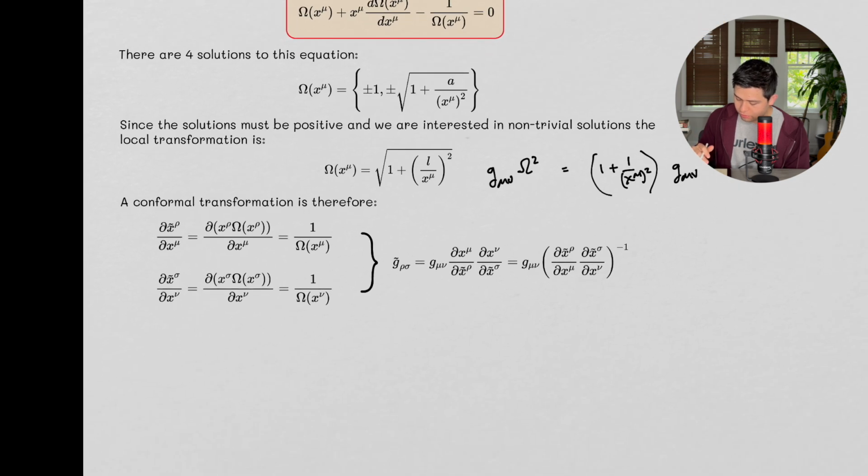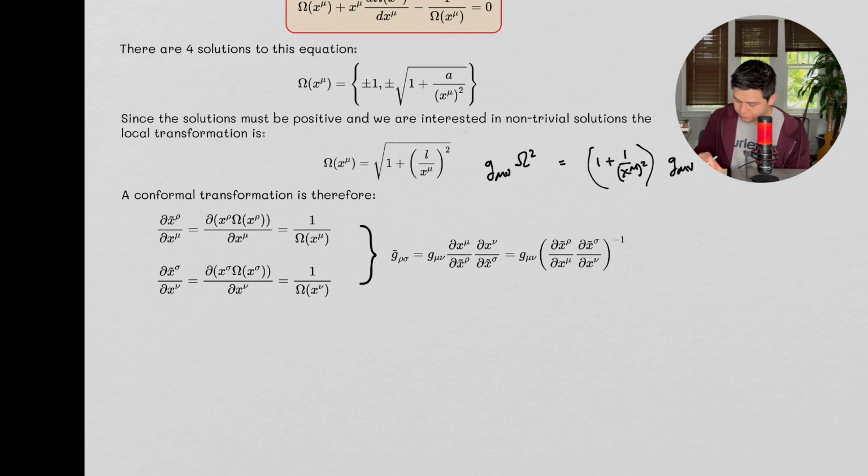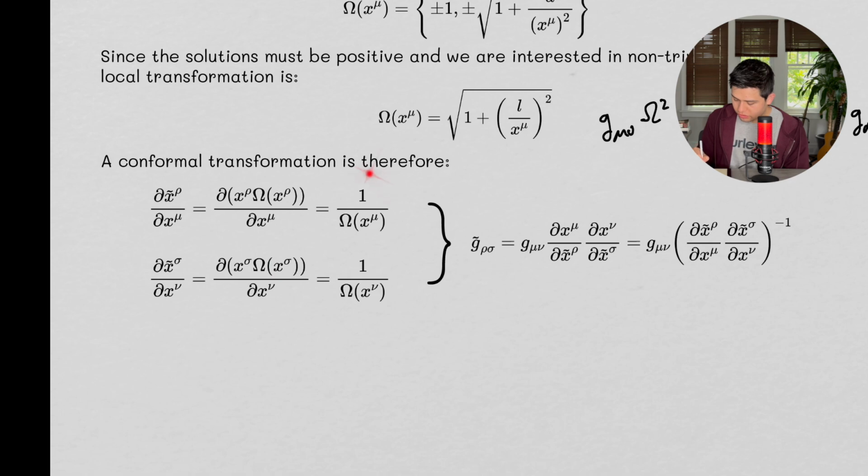So a local conformal transformation is therefore, we can confirm this, right? Because we could say dx rho, dx mu, where the nu is on the top, same here. Well, that's equal to this, that's equal to this. We've shown that to be true now, which is this right here.